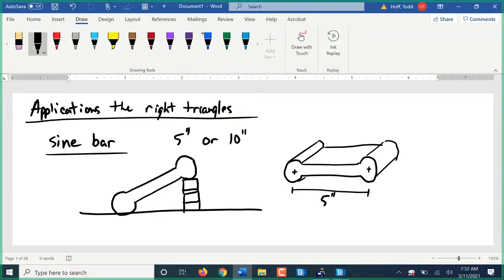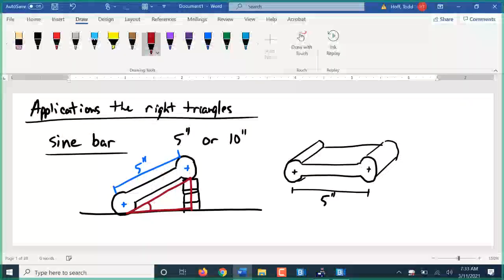So the distance from center to center is still whatever that precise length is, either a 5-inch or a 10-inch sine bar. I'm going to use a 5-inch one for this example. The angle that we are looking at creating is actually this angle formed right here.